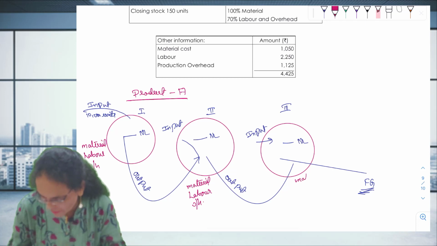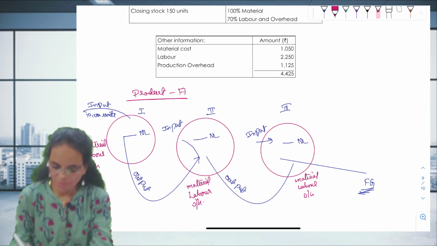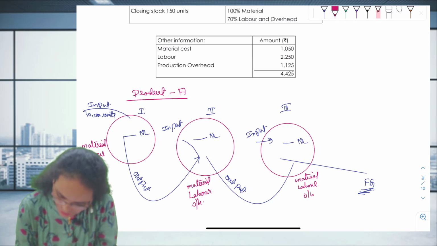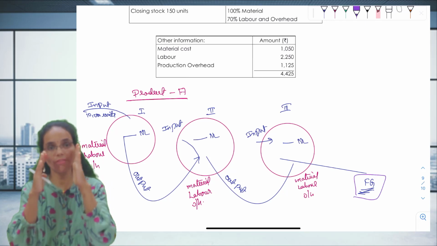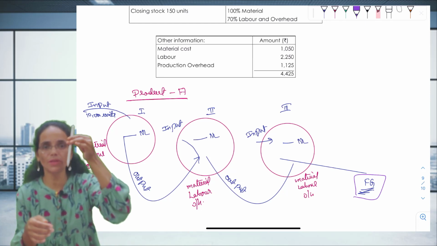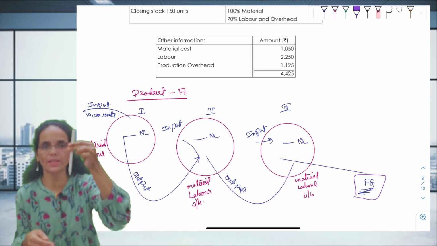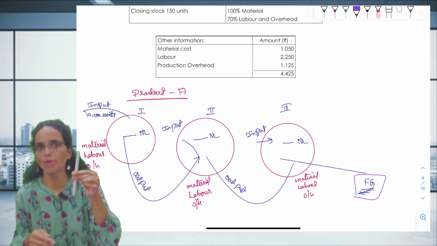Here also material, labor and overheads. This is happening, right? But when there is a finished product, if everything is completed, 100% of the material, 100% of the labor, 100% of the direct expenses incurred, then only I say that it is a complete product.